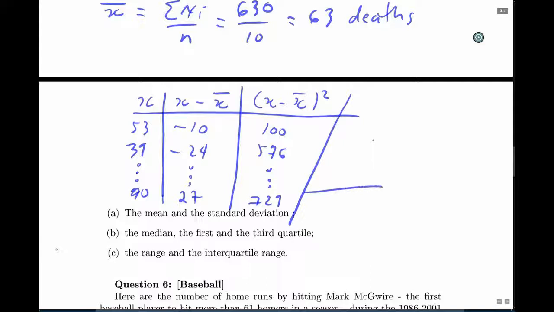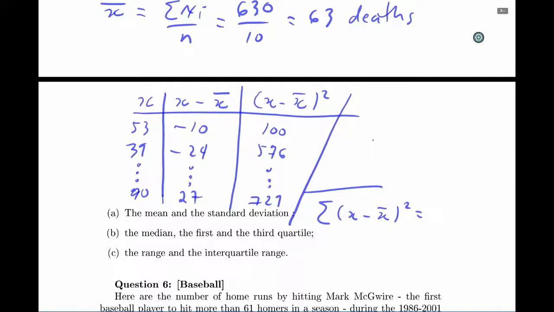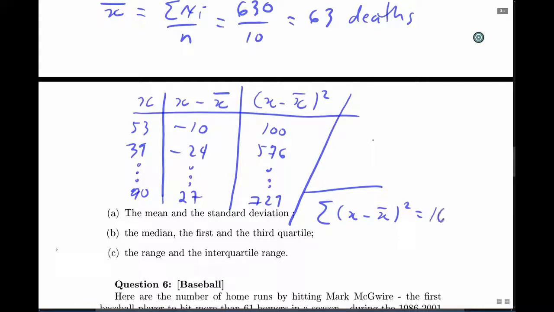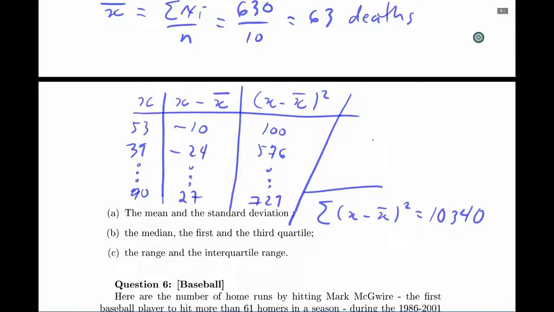Then I compute a sum of the squared deviations away from the center. So this is 100 plus 576 and so on, right up to 729, and then we end up with 10,340.